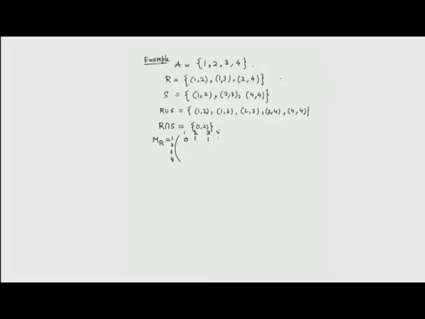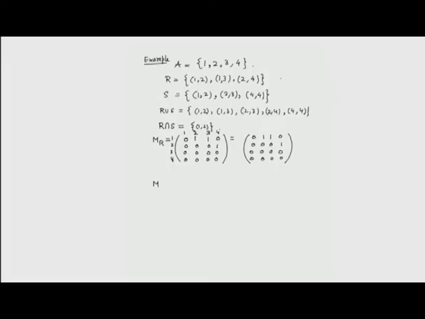So, it is 0 and this is 0, and 2 is related to 4, and that is all, and there is no pair inside R, therefore, I complete the matrix in this way. All right. So, I write it again. So, the matrix corresponding to M r is 0 1 1 0, 0 0 0 1, 0 0 0 0 and 0 0 0 0.